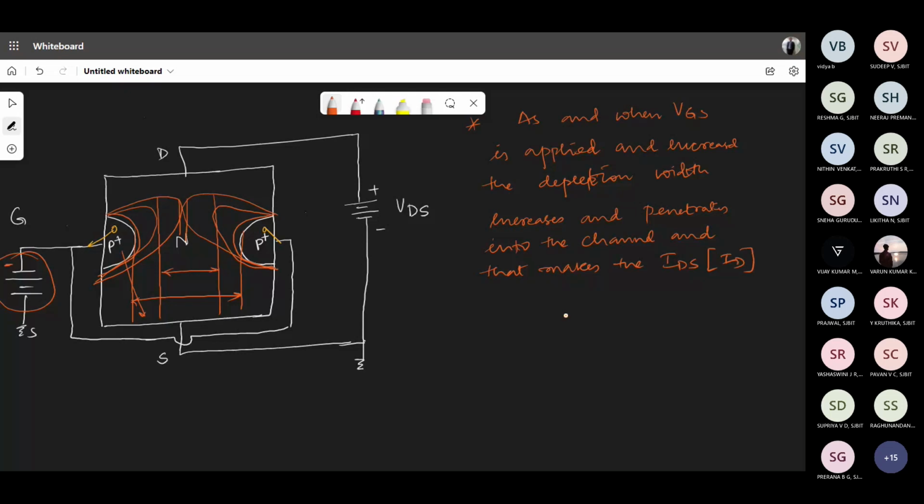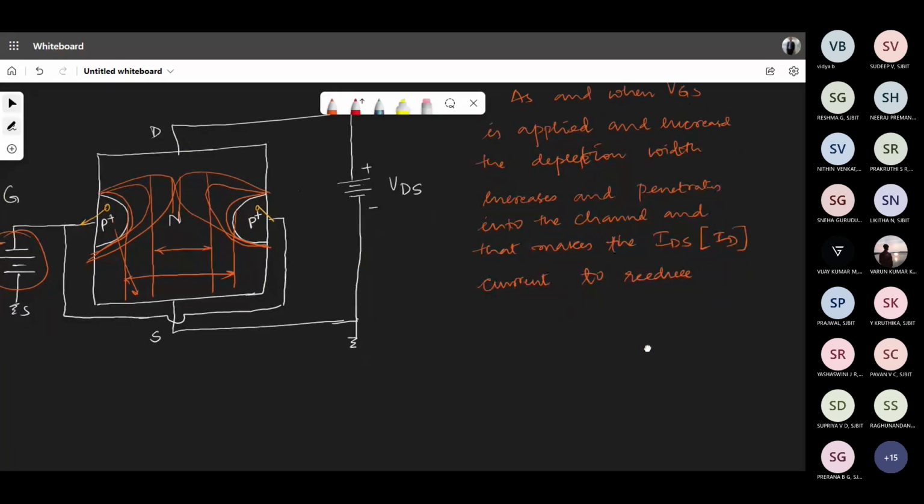It makes the ID current reduce. Later on, it will become 0, but it will start reducing.